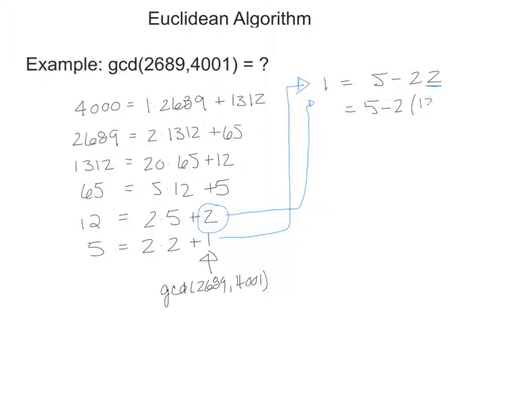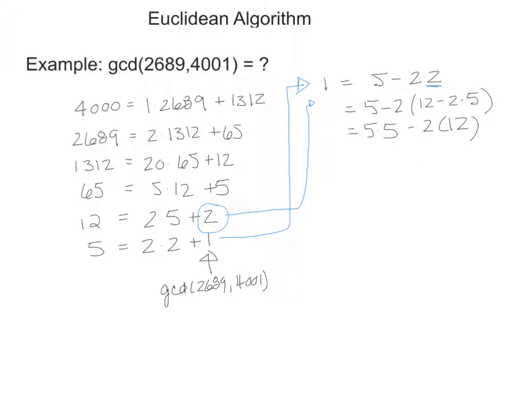So I'm going to have 12 minus 2 times 5. Then I'm going to do some regrouping, and I'm going to say that's equal to 5 times 5, because I have this 5 here, plus I have another 4 5s, right? The minus 2 times 5. And then I am still going to be left with my 2 times 12.